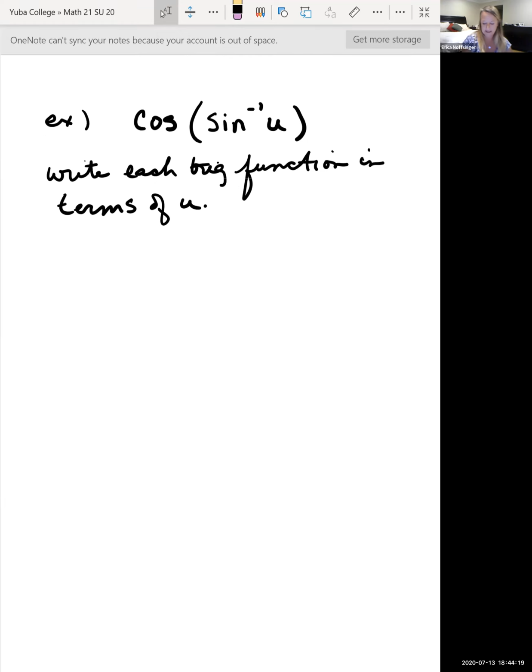We're going to let some variable be the sine inverse of U, and it doesn't matter what you choose. So we could say x equals sine inverse of U.